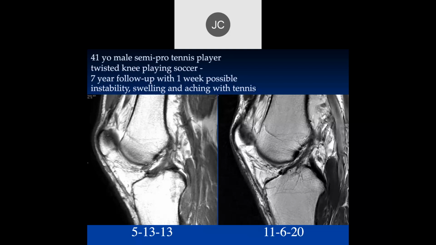But the data suggests that he's no worse off than if he had had an ACL graft, where it's known that you have significant increased risk of degenerative disease in the knee, especially patellofemoral disease, if you have ACL graft placement. And we're actually doing a study right now with USC looking at why that's the case, and we think we are getting an idea of why you increase your risk of anterior compartment disease when you have an anterior cruciate ligament graft.